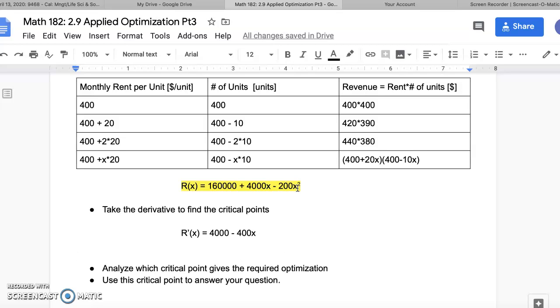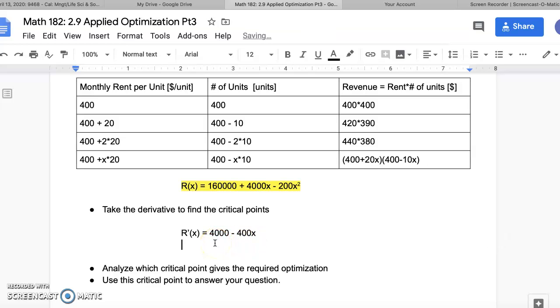Now, critical points, remember, are defined by where your first derivative is equal to 0 or undefined. Because this is a polynomial, polynomials don't have any inputs that cause them any problems. So there is not going to be any undefined values here. So let's go ahead and focus then on just the 0.